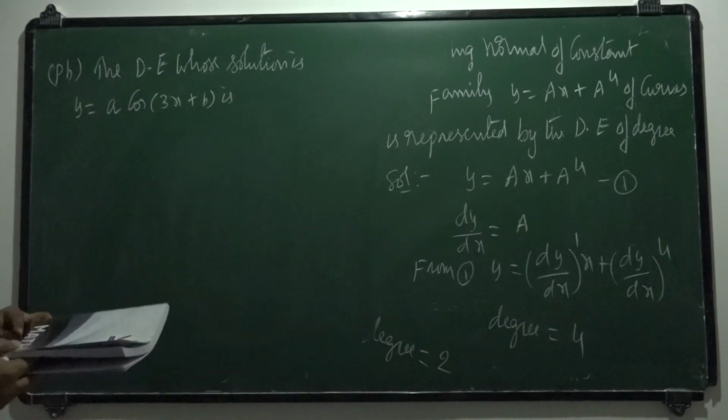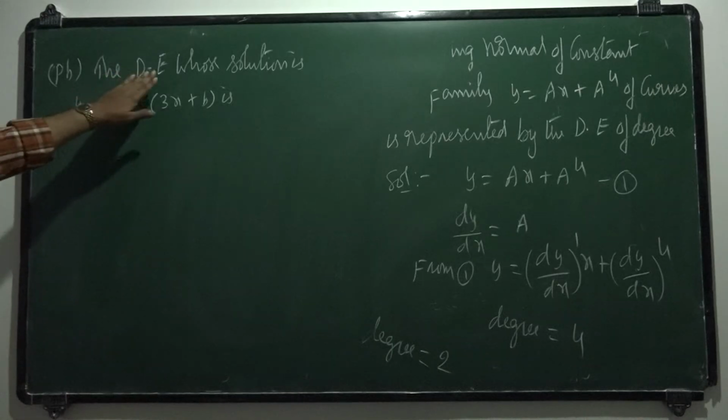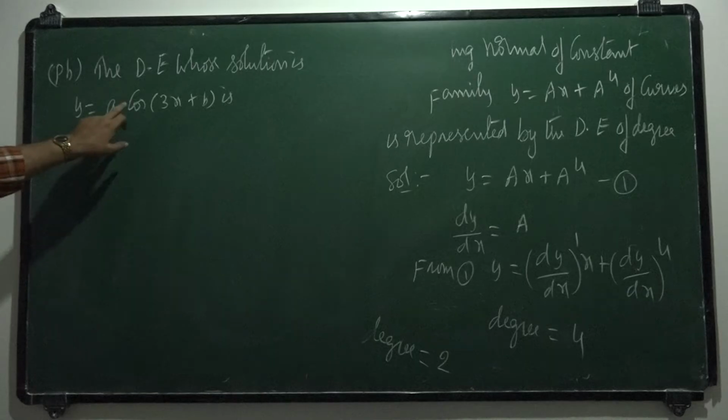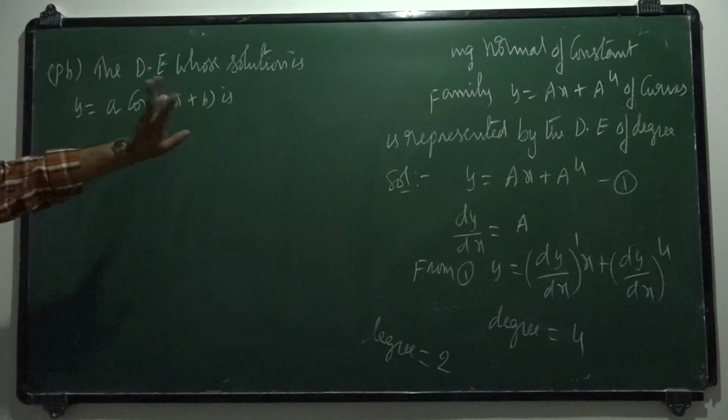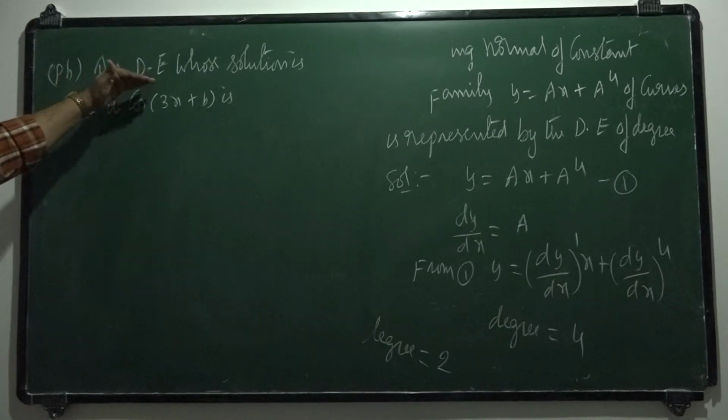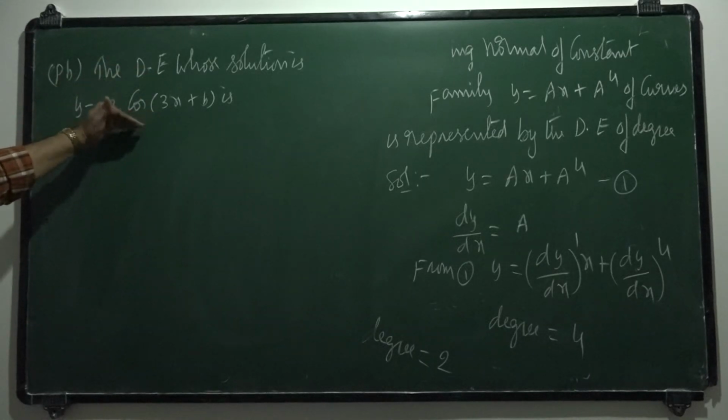Here we want to find the differential equation whose solution is y is equal to a into cos of 3x plus b. That means we find the differential equation satisfying this relation.